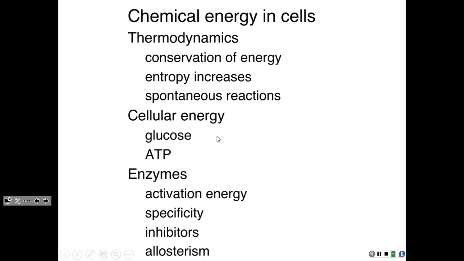But when you want to get stuff done inside of a cell, that's actually too big of a chunk of change. Just like a $100 bill doesn't work well in a vending machine down the hall, glucose has too much energy in it to be practically useful for cells.